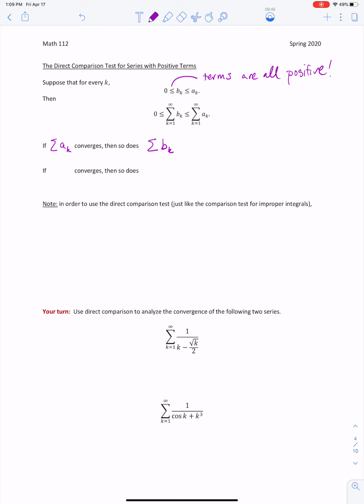Now, in your book, they don't actually include indices. It's not necessary to include indices because, again, convergence depends on the end behavior of your series. So what happens in the first few terms doesn't really matter. But I'm going to go ahead and put this in here anyways.